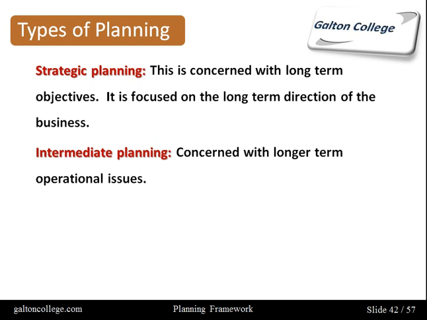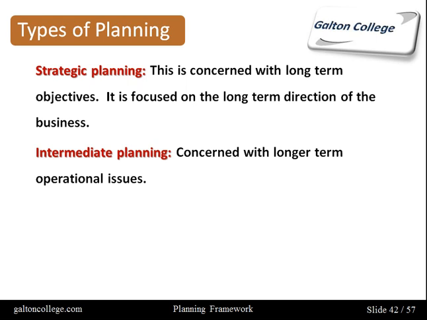In other words, it concerns the issues of the organisation as currently constructed, whereas strategic could be looking at an entirely new form of business in the future, perhaps a new type of plant, a new location, a totally new way of doing things.